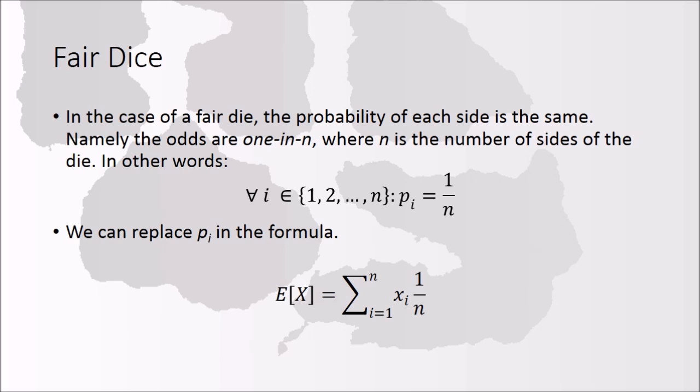In the case where the die is fair, we know that the odds are always the same, so they're always 1 in n. That is, for all i in the set 1 through n, the probability p sub i is 1 over n. So we can replace p sub i in the formula, and the expectation of the random variable x is the summation from 1 to n of x sub i times 1 over n.